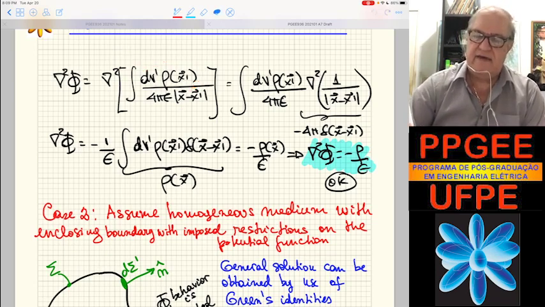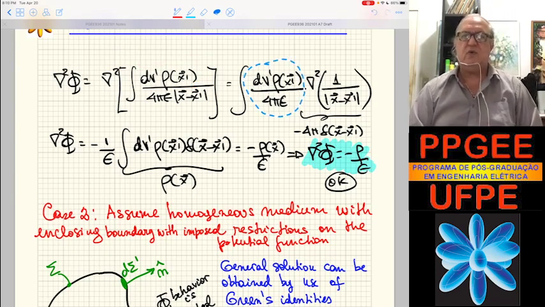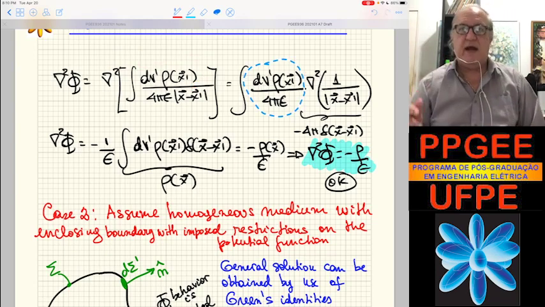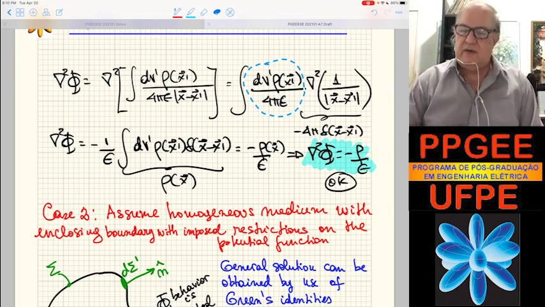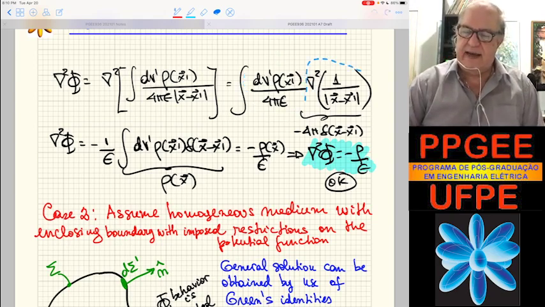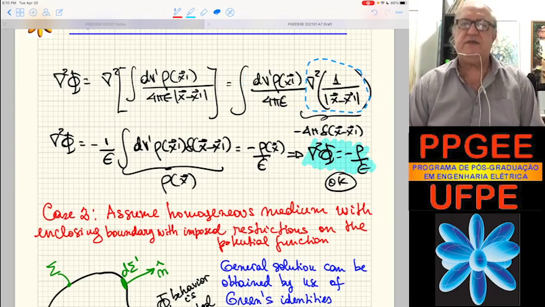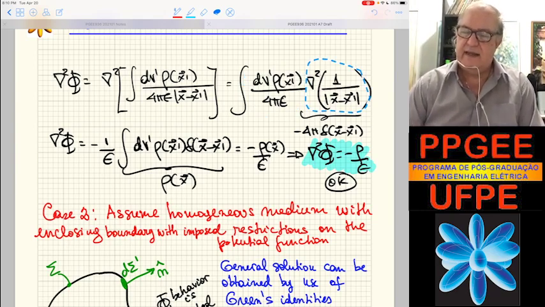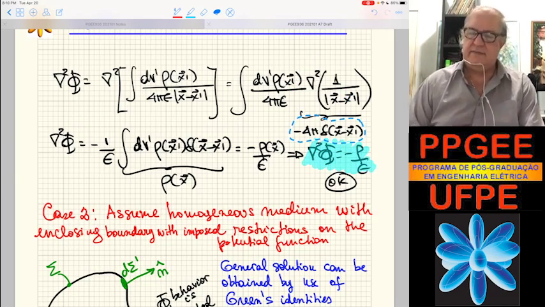Then we are going to be left with this term that has only constants in x prime, and we are going to have the Laplacian applied to the inverse function. We just showed you that the Laplacian of the inverse function equals minus 4 pi delta of x minus x prime.